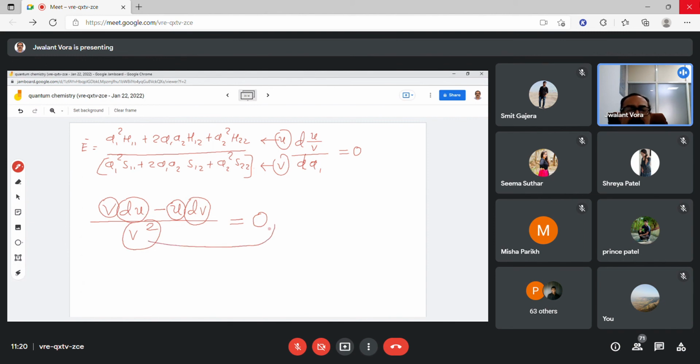V square ને અહીંયા multiply કરીએ, anything multiply with 0 will become equal to 0. So V du minus U dV will become equal to 0. Therefore A minus B is equal to 0. Therefore A is equal to B. Therefore V du is equal to U dV. બરાબર છે? So આ પાર્ટ હું કરવા જઈ રહ્યો છું.